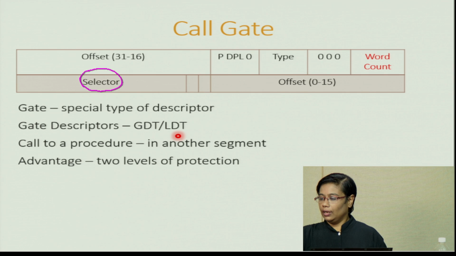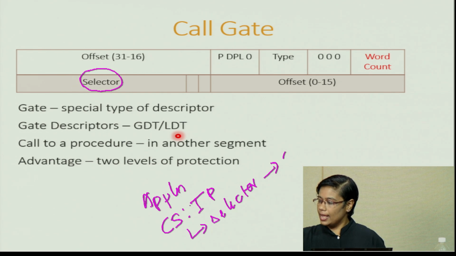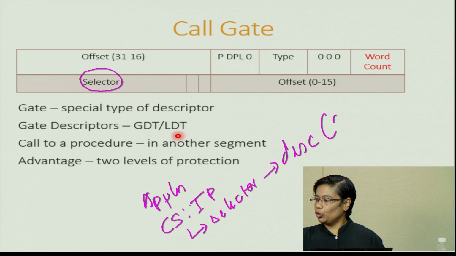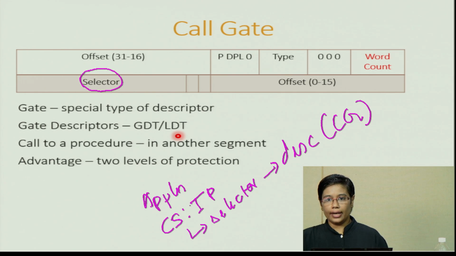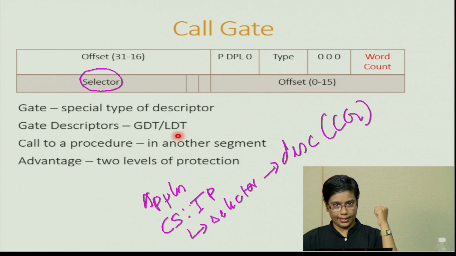So to start, my application will be using a call instruction, which is a combination of CS and IP. CS has a selector. The selector will be pointing towards a descriptor, and this descriptor is now going to be a call gate. The call gate will not have the starting address. Remember, a descriptor has the base address, the size, and the access rights. But instead of the base address, this call gate is going to have another selector.